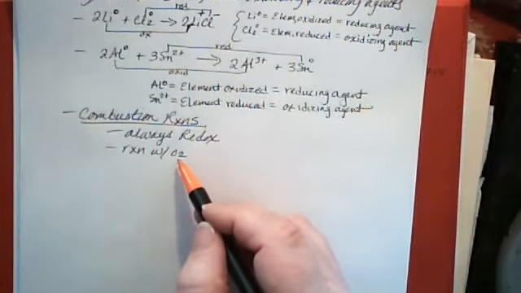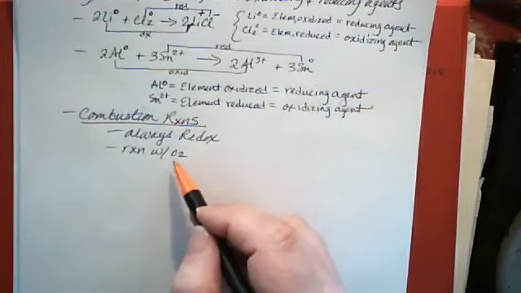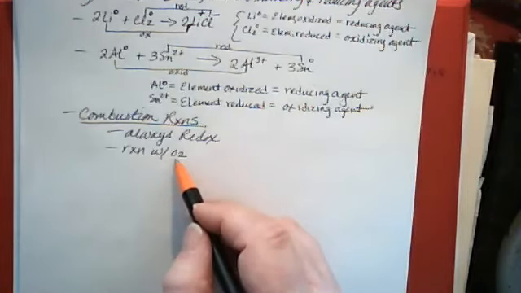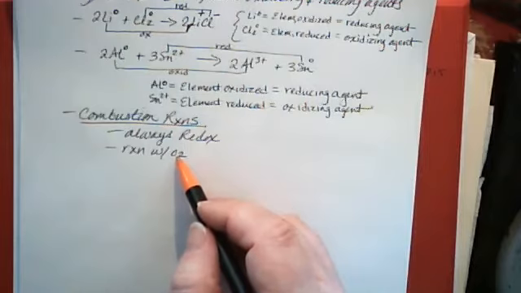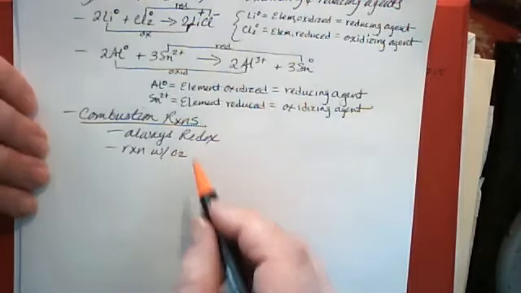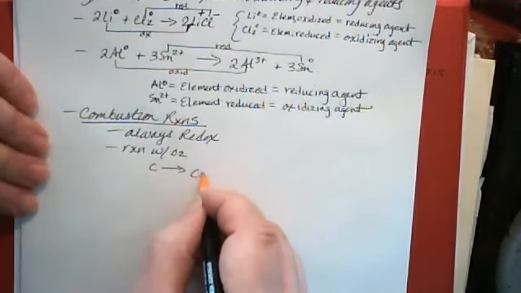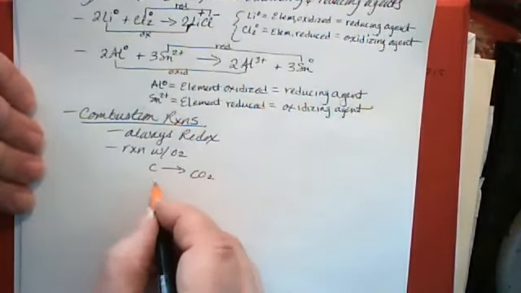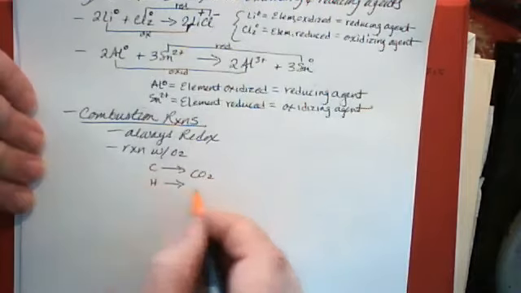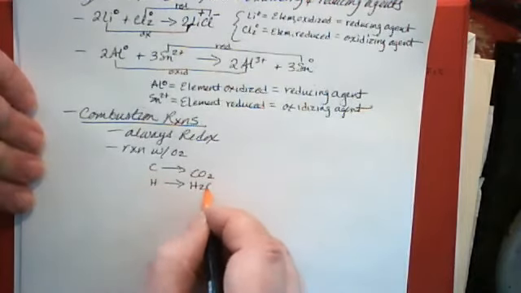Oxygen is a free element, and like I said, any reaction that involves a free element is definitely redox. And also a reaction with oxygen is an oxidation. And if there's an oxidation going on, there has to be a reduction going on also. In the case of combustion reactions, carbon becomes carbon dioxide, ideally, and hydrogen becomes water vapor.